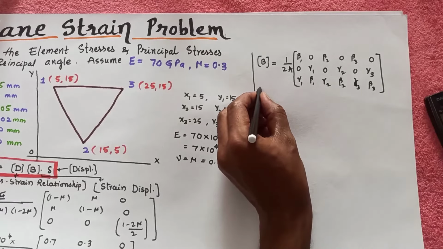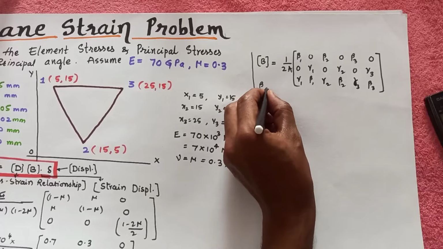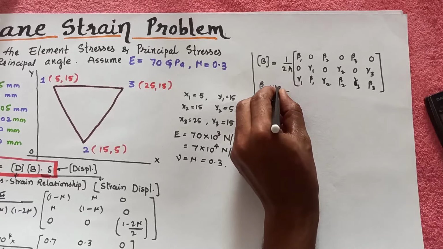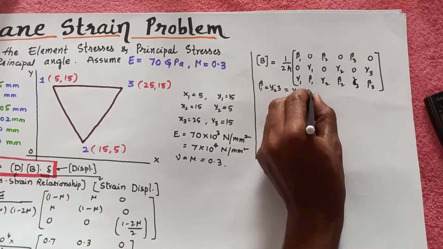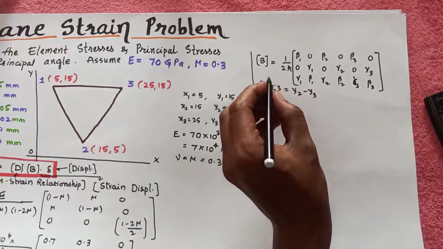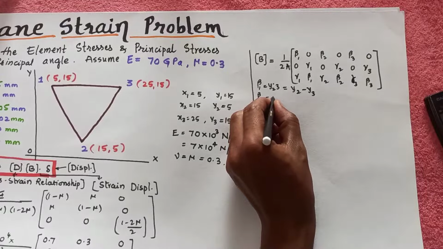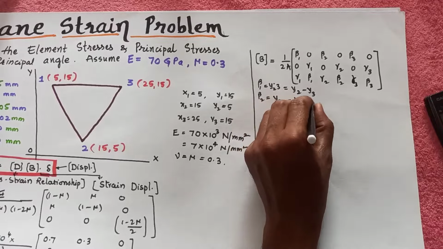Here beta 1 is y23, that is y2 minus y3. Beta 2 is y31, that is y3 minus y1.